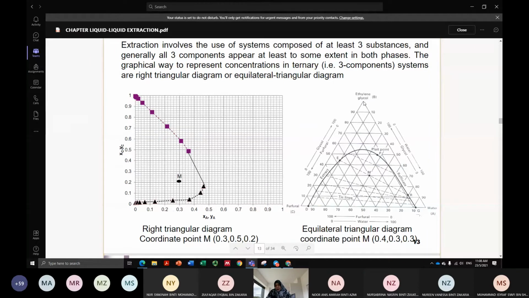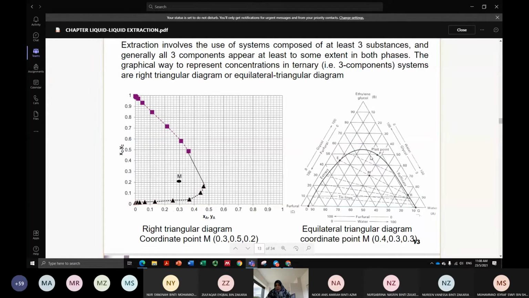If you were to have the three-dimensional axis, you have three peaks here. This is called the equilateral triangular diagram, and the one on the left is the right triangular diagram. Both represent the same information.